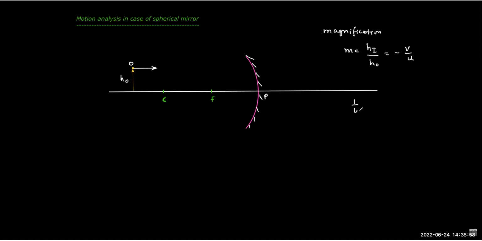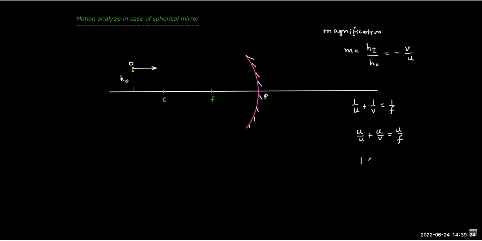And from the mirror formula, we know 1 by u plus 1 by v equals 1 by f. And if I multiply with u on both sides, why am I doing this? Because I want to express the answer only in terms of u and f, the object's position. The image position we want to avoid.